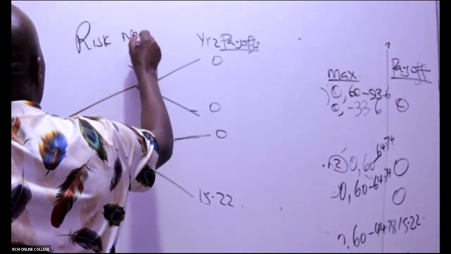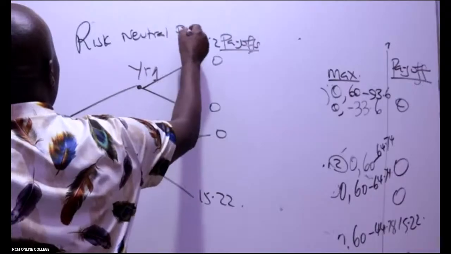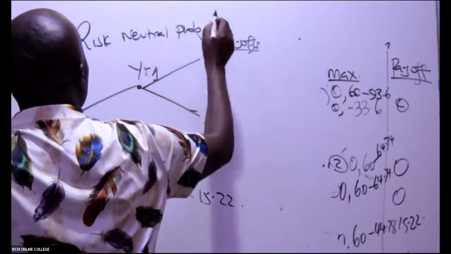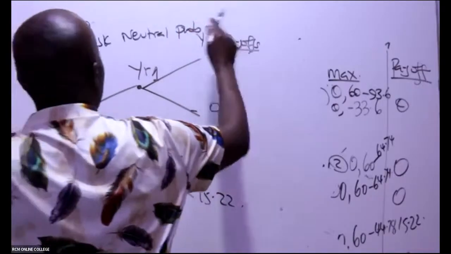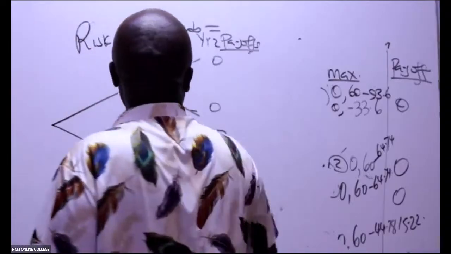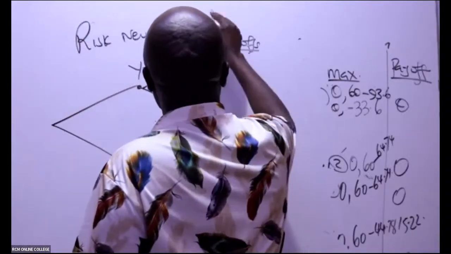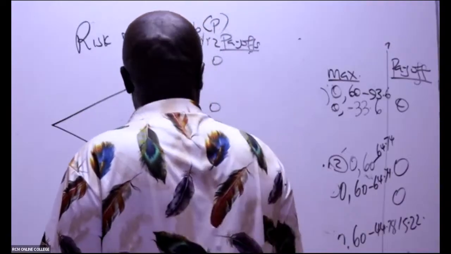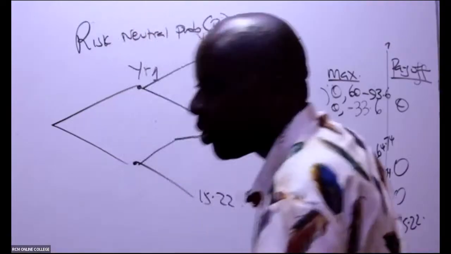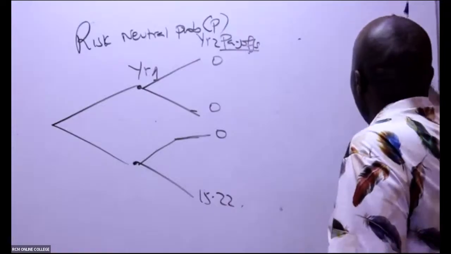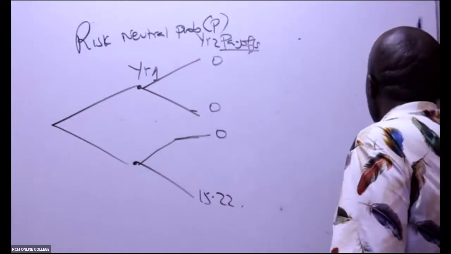How do I get this risk neutral probability, my very, very good students? To get this risk neutral probability, what I'll call P, it is normally very, very easy.